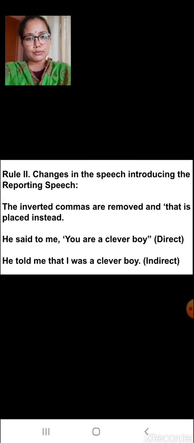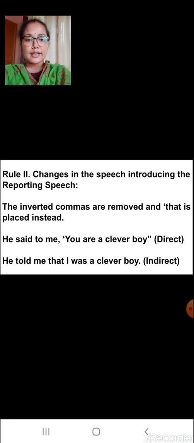Rule number 2. Changes in the speech introducing the reported speech. The inverted commas are removed and that is placed instead. He said to me, "You are a clever boy." So this is the direct speech.